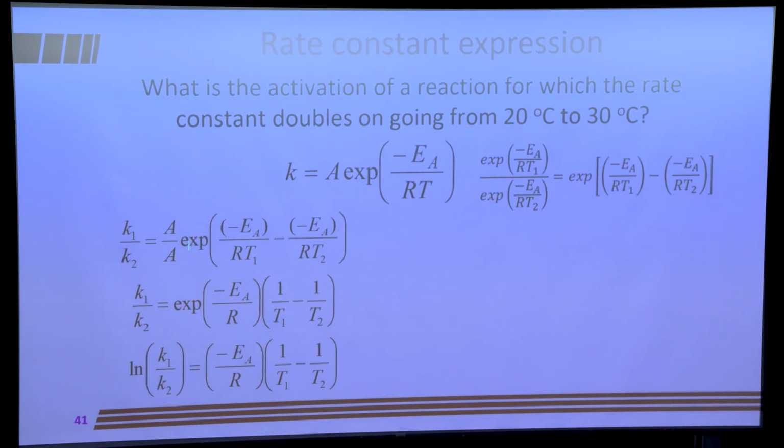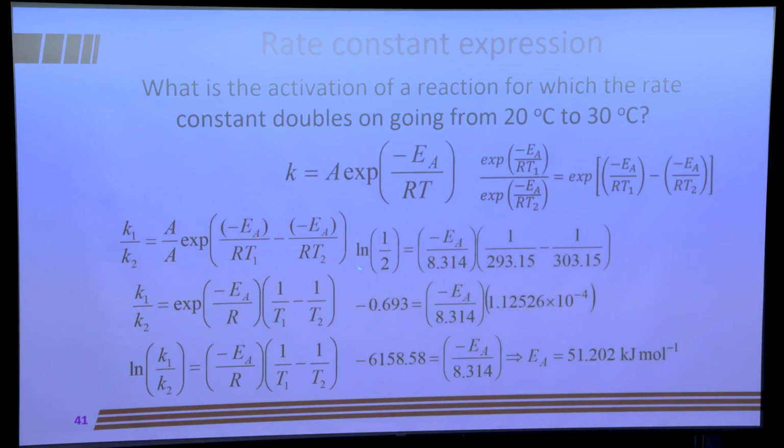And so the A over A cancel because the frequency factor is the same, and we have the rate constant at T1 divided by the rate constant at T2 is the exponent of minus Ea over R times 1 over T1 minus 1 over T2, okay? And so we have log of k1 over k2 is equal to minus Ea over R times 1 over T1 minus 1 over T2, okay?